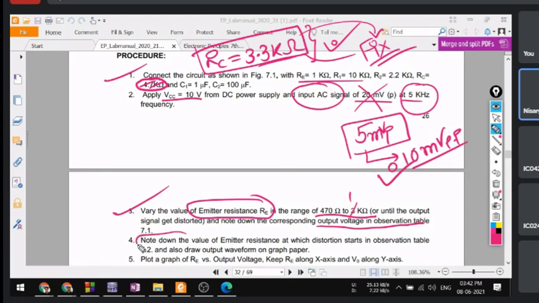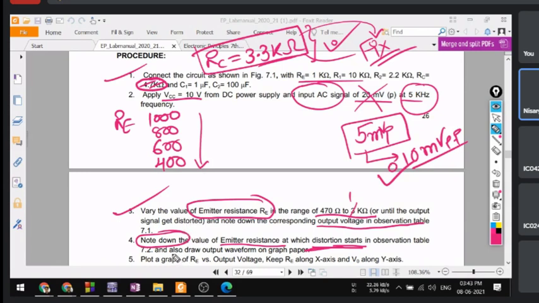Note down the value of emitter resistance at which the distortion starts. So you decrease the value of RE. Let me say if RE is 1000, then you reduce it to 800, then 600, then 400, and so on. You just keep on decreasing the value of RE.